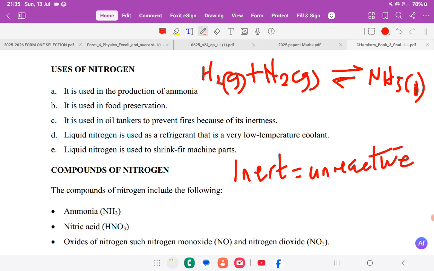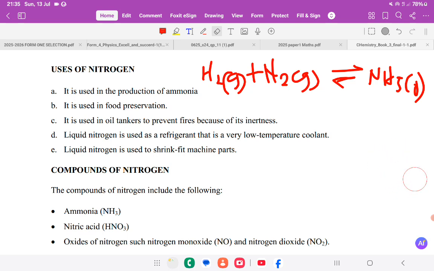So because of that, we can use it in the preservation of food. If you have bought a packet of crisps, like Lay's, Lay's is basically a packet of crisps.